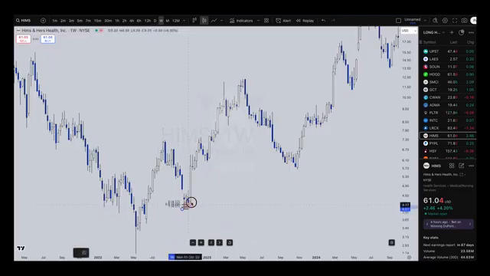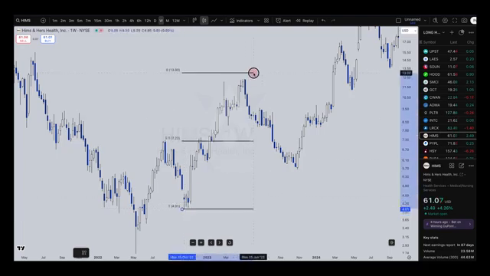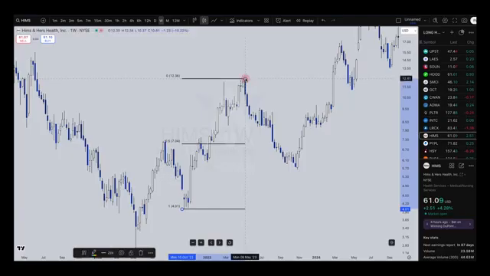So you can take the low of that range, which is the low of this candle at 4.01, to the high, which is at 12.34. So you see the premium portion of the range, you see the discount portion of the range.